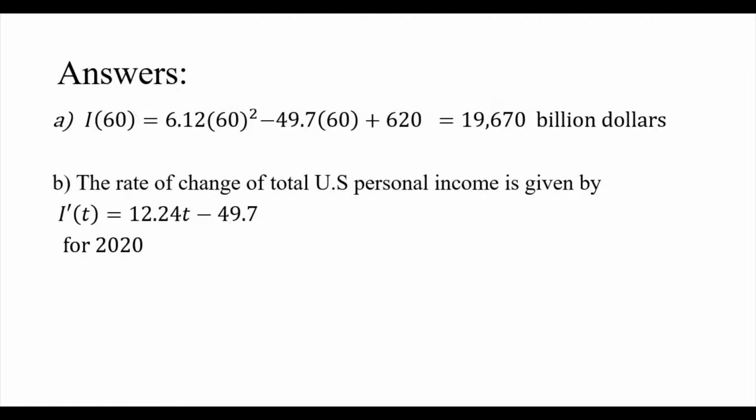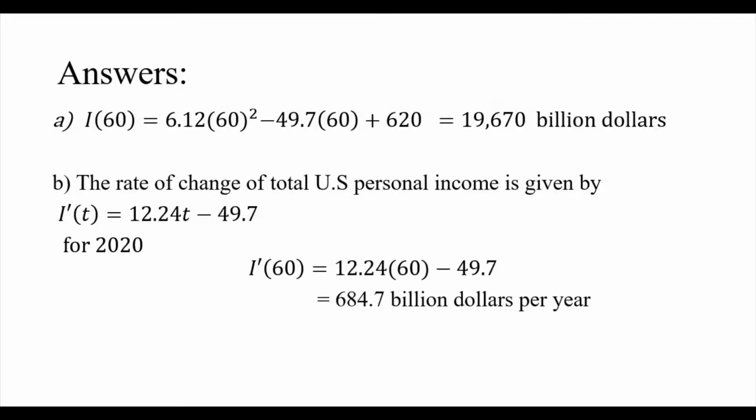For the year 2020, since t represents the years since 1960, we're going to find how many years from 1960 to 2020, which is 60 in this case. And to find the rate of change of the total US personal income, we're going to plug the 60 into the derivative of the personal income function, which we found previously, namely right here.